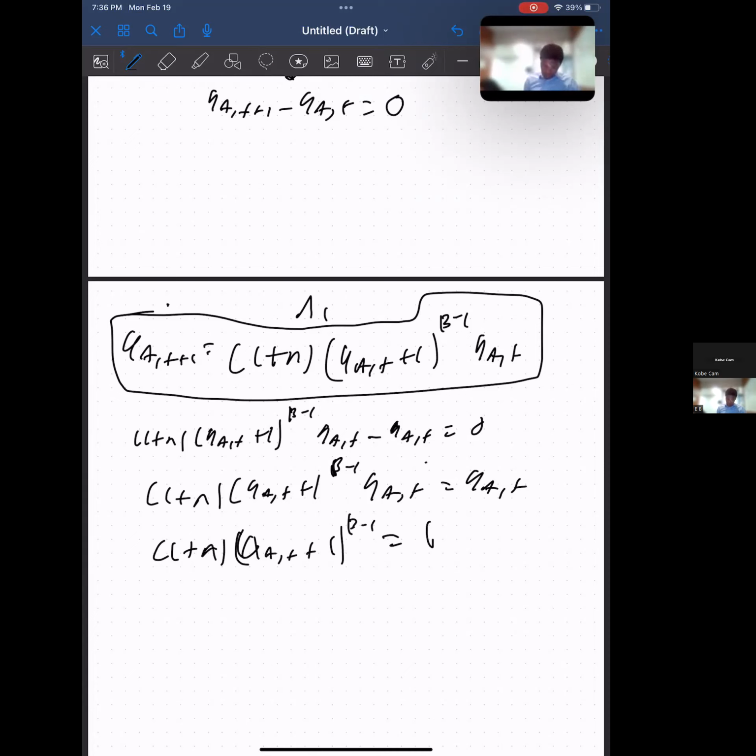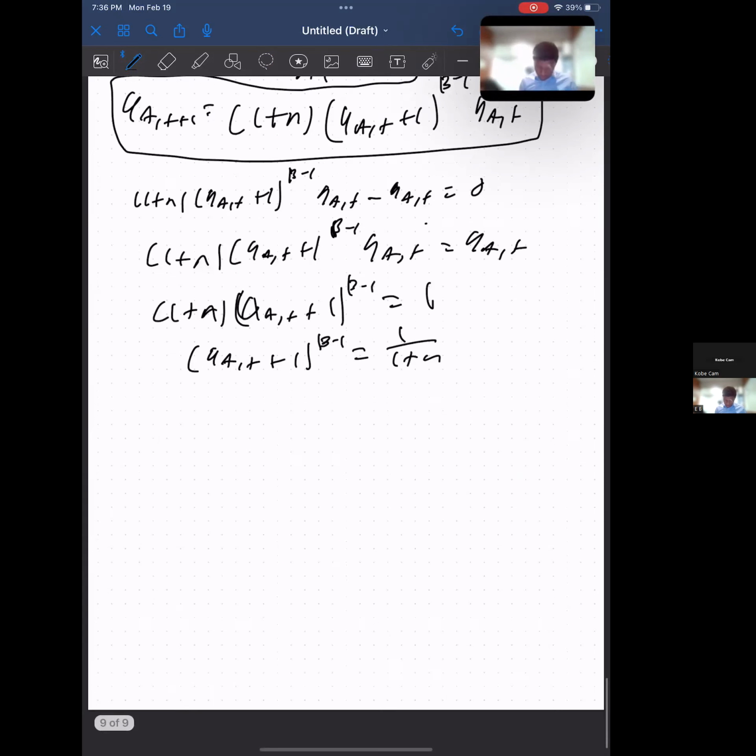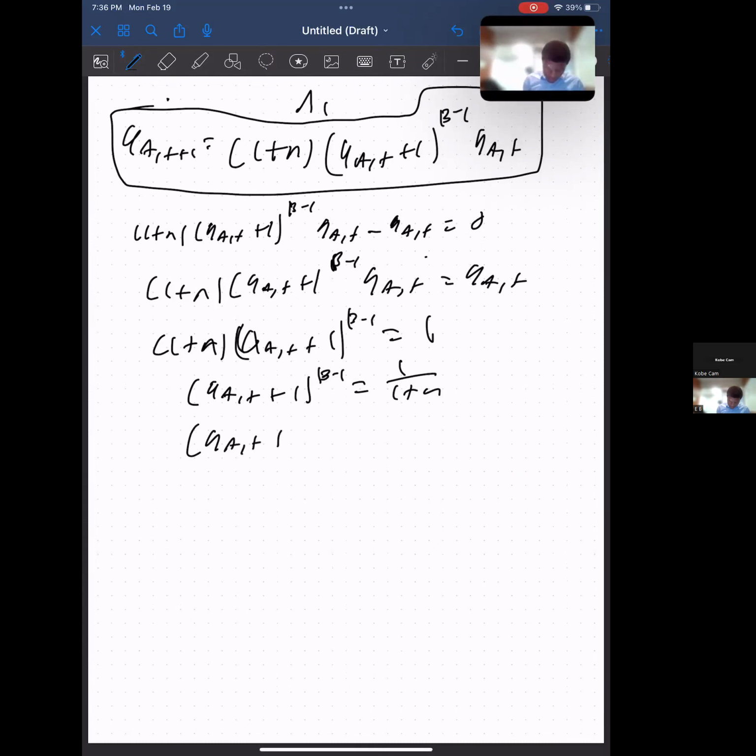Well, now we can divide both sides by 1 plus N. And then finally, we can raise both sides to the beta minus 1, or rather 1 over beta minus 1. Now we can add 1 to both sides, or rather subtract 1, my apologies.